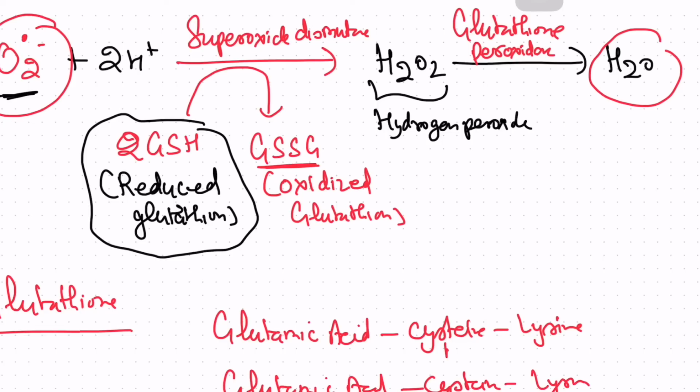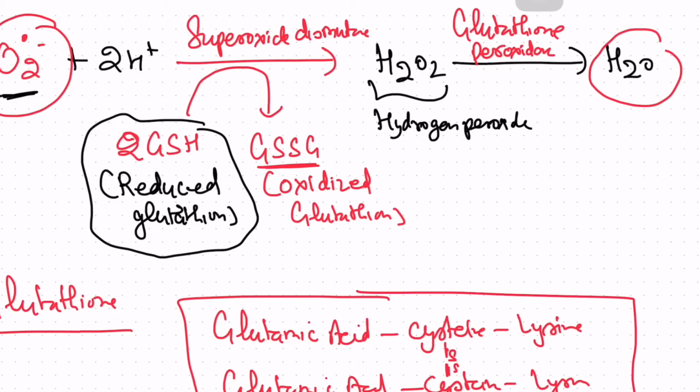So here both of the cysteines are linked through a disulfide linkage. So this is now your oxidized glutathione, that is GSSG. Keep in mind this is reduced glutathione, one unit, but when you have two of them paired, it leads to the formation of oxidized glutathione.